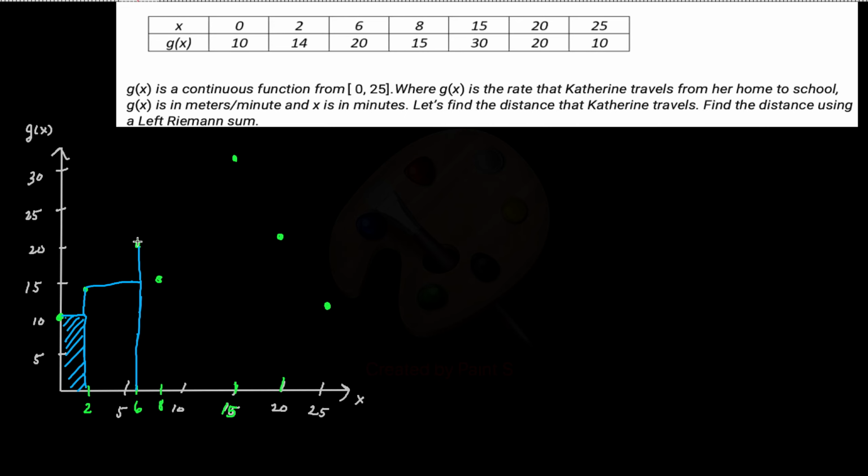And then the next one, let's just draw the rectangles so I don't make a mistake. To 8 is the next one. And then the next one is going to be from 8 to 15, so 15 is all the way over here. And then the next one is to 20, so that's over here.